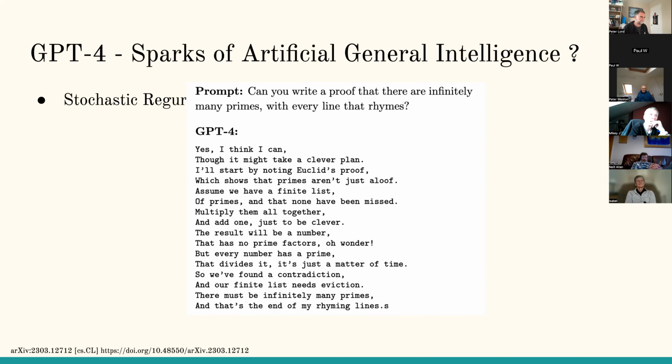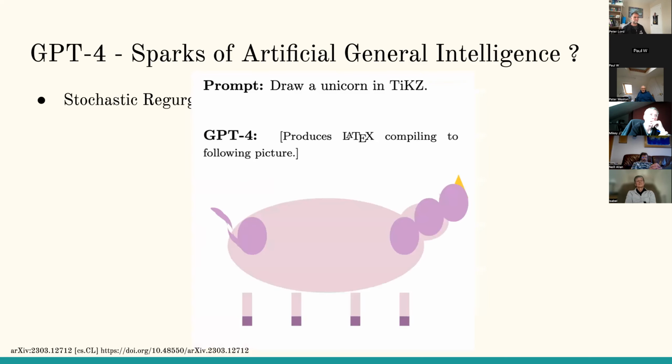But consider this one. Draw a unicorn. Now, the details don't really matter, but TikZ, as it's called, a form of LaTeX, is a way to draw graphics in text. And this is the result you got from GPT-4. Now, I'm sure you're immediately thinking that this isn't very impressive, but here's the thing.